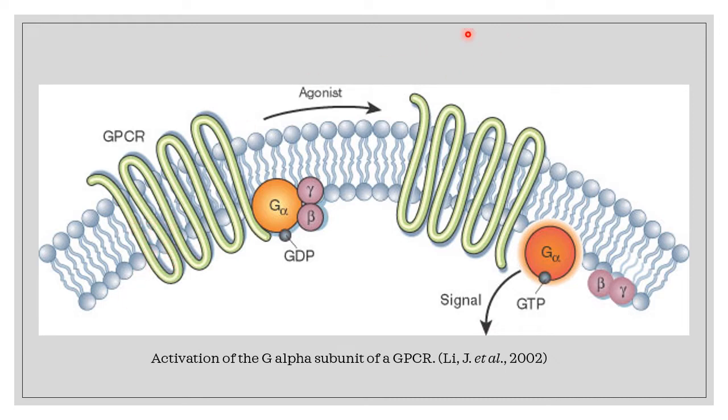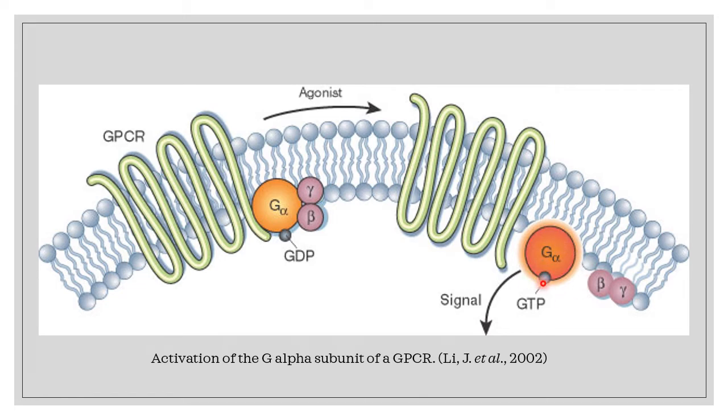Upon receptor stimulation, the receptor will only be stimulated upon binding of the agonist to our receptor, and in this case our agonist is the hormone glucagon. So upon receptor stimulation, the state of the receptor will change.